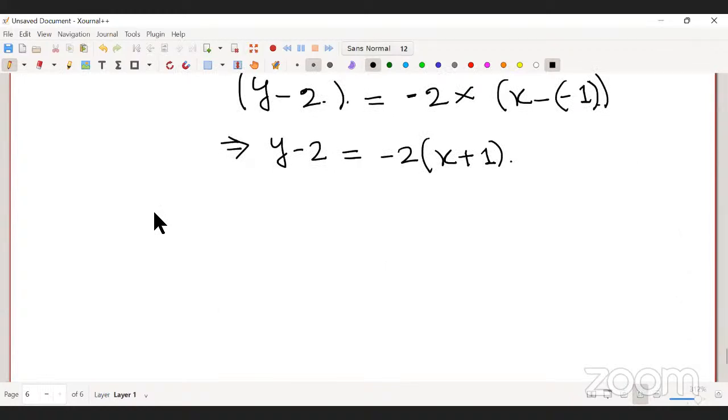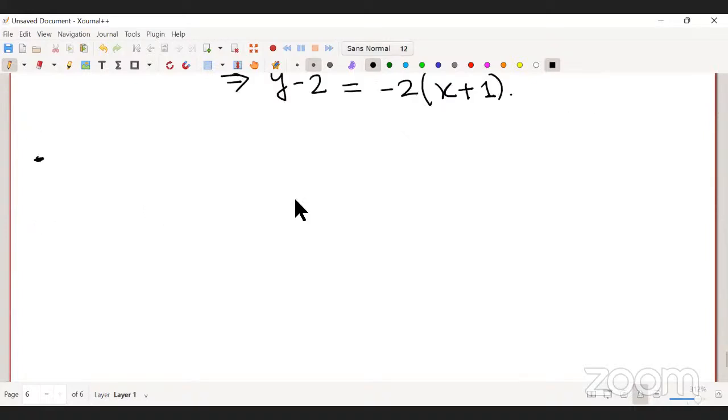Okay, the next thing is I need to find the distance between a point and a line.